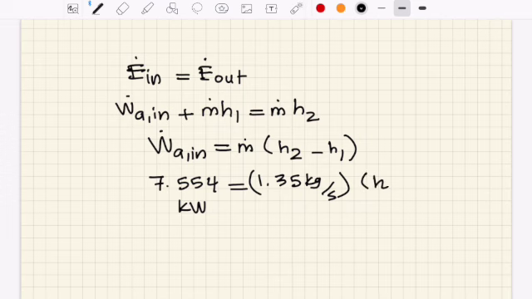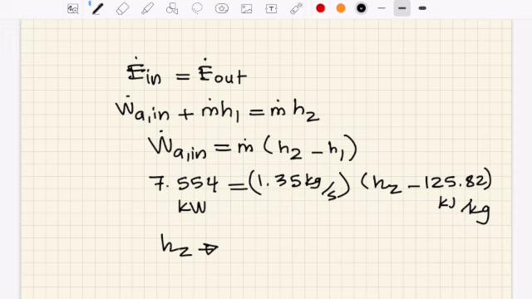We know the inlet enthalpy. Therefore, you can figure out h2.